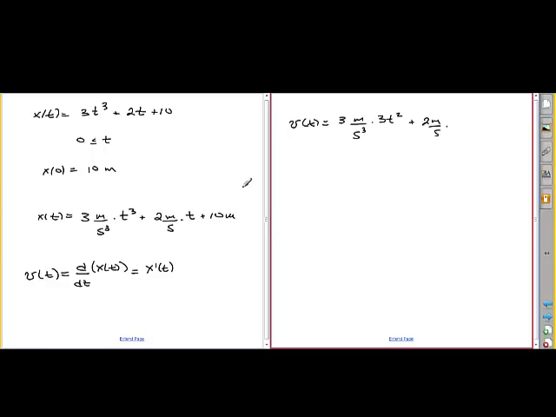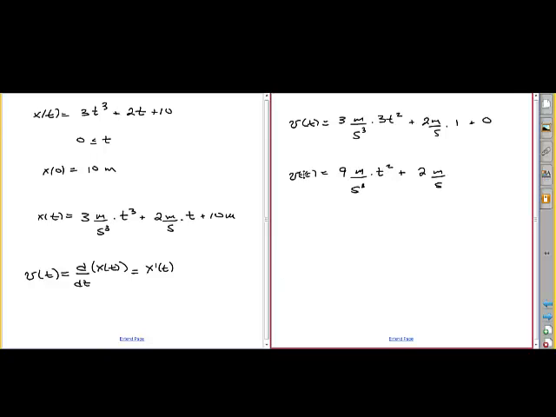The derivative of t with respect to t is just 1. And the derivative of 10 meters is 0. So we can clean this up, and you get the velocity as a function of time: 3 times 3, which is 9. So you'd have 9 meters per second cubed times t squared plus 2 meters per second.